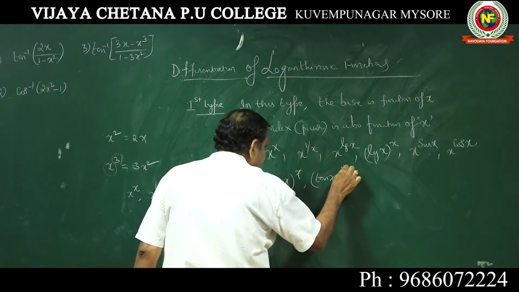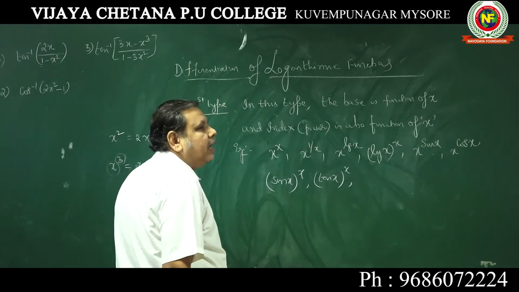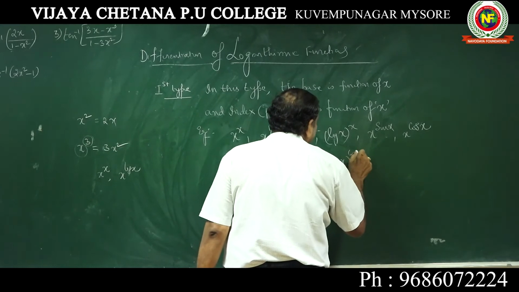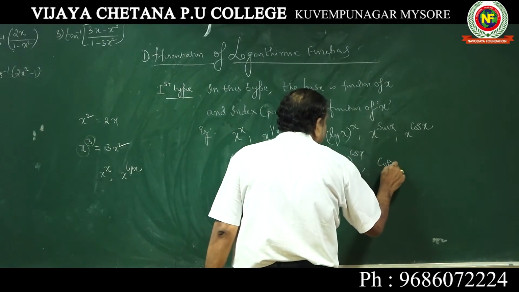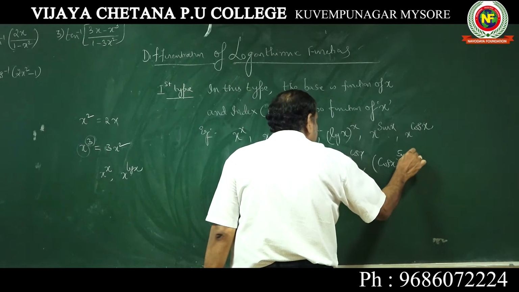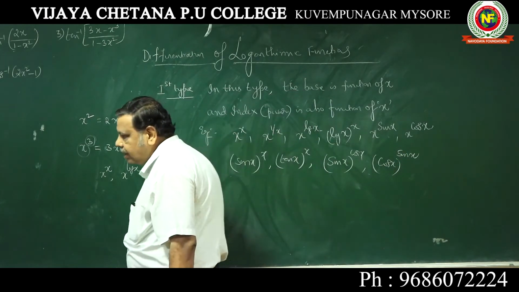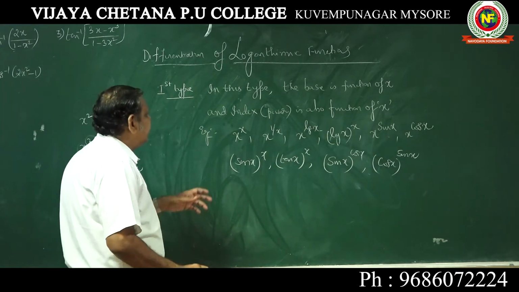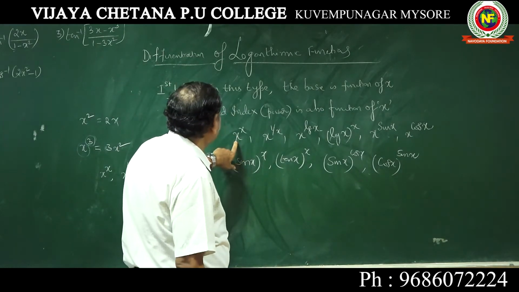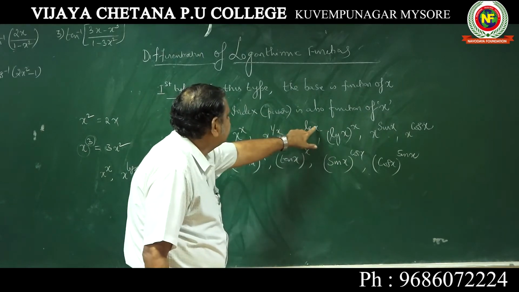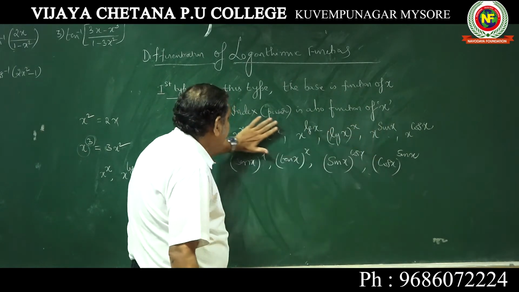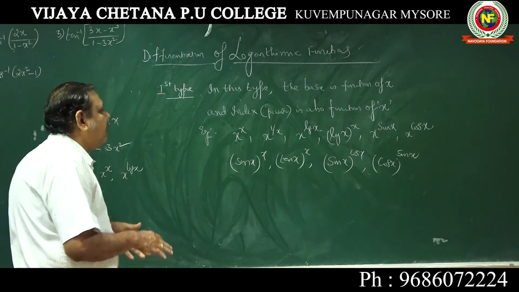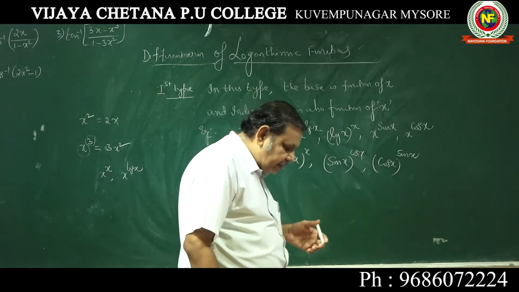These are all examples of logarithmic functions. Also sin x to the power of cos x, like that it goes on. Cos x to the power of sin x. Please take down, all these are logarithmic functions. Logarithmic function of the first type: the base is also a function of x, and the index, the power, is also a function of x. Those functions are called logarithmic functions.